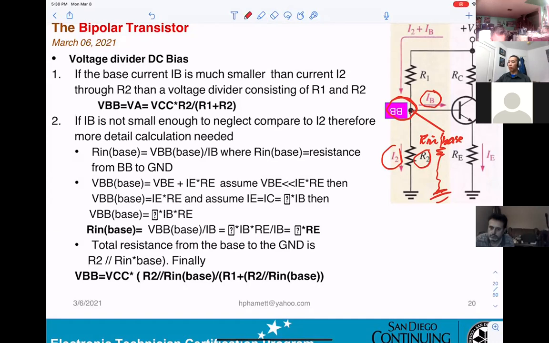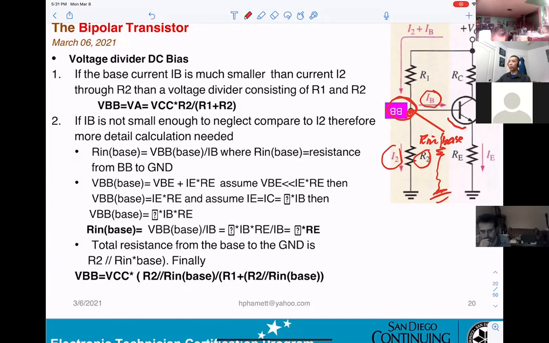VBB, that means the voltage at the base here, will be equal to 0.7 right here, added to the voltage drop across RE. That's why they say VBB at the base equals VBE 0.7 plus IE times RE. And IE times RE, assume IC and IE are very, very close.